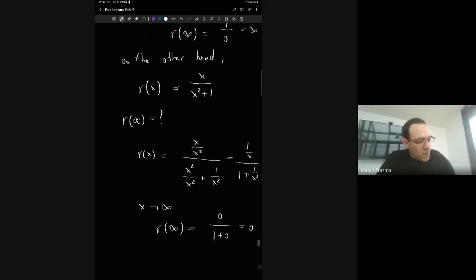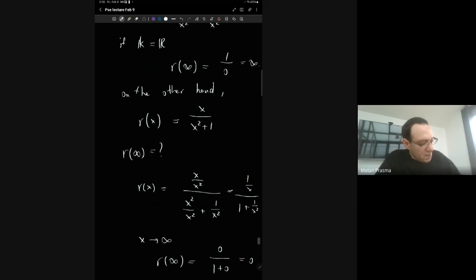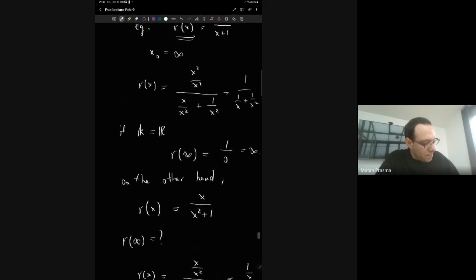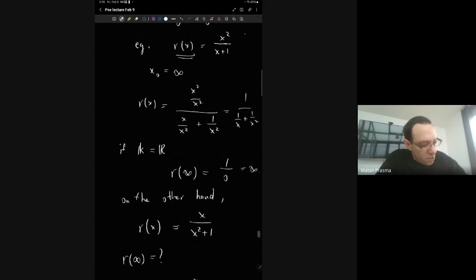So how do we extract a definition from this setup? In the first case, we had a polynomial of degree 2 divided by a polynomial of degree 1. Intuitively, you could say the degree 2 polynomial tends to infinity faster than the degree 1 polynomial.